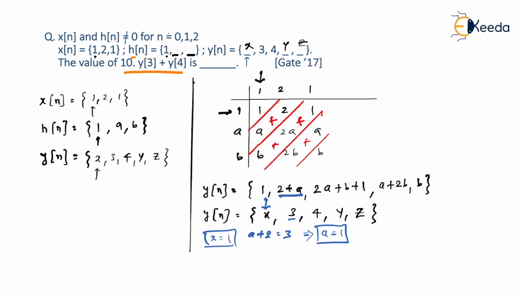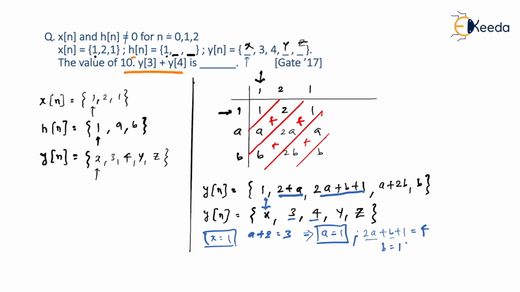Next, you can compare this 4 with 2a plus b plus 1. So 2a plus b plus 1 is equal to 4. The value of a is 1, so this becomes 2. The value of b is not known to me, but 2 plus 1 is 3, and 4 minus 3 is 1.